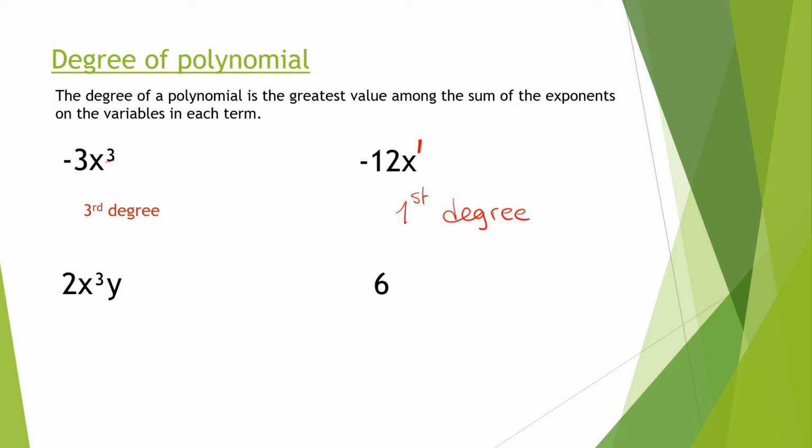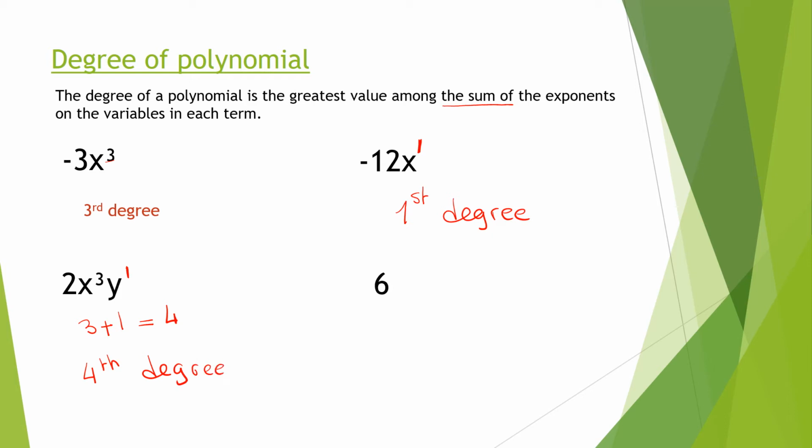As for this one, 2x power 3 y, I have two variables, so I have to get the sum of the exponents. So 3, and what's the power of the y here? Yes, it's 1. So it's 3 plus 1.